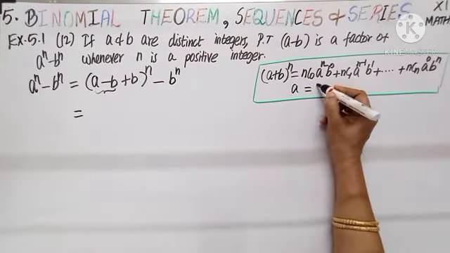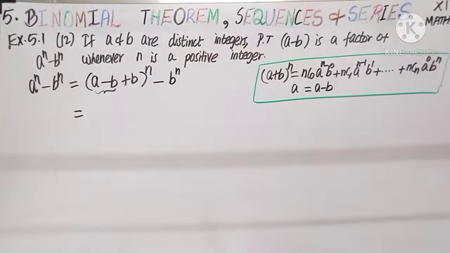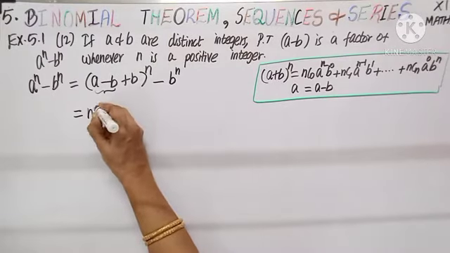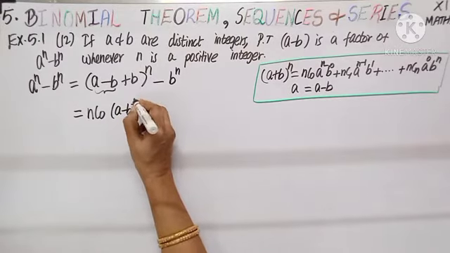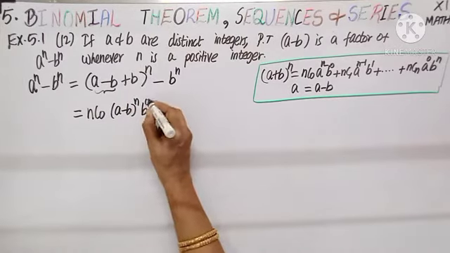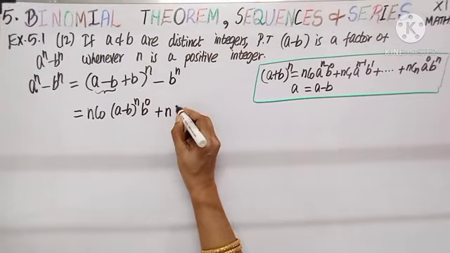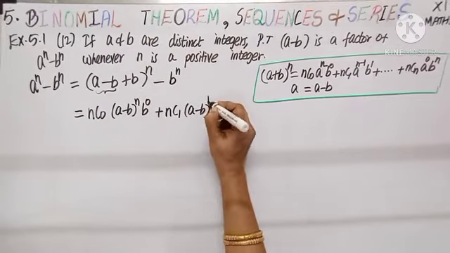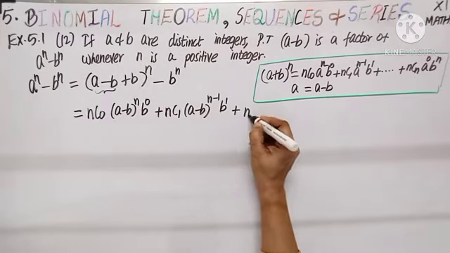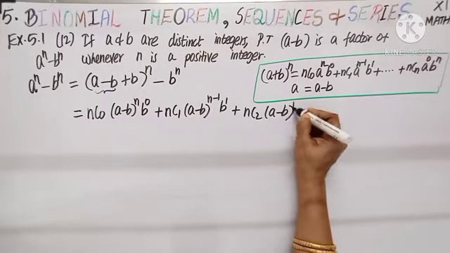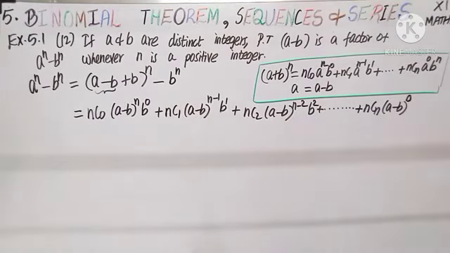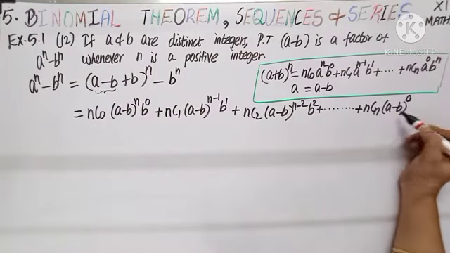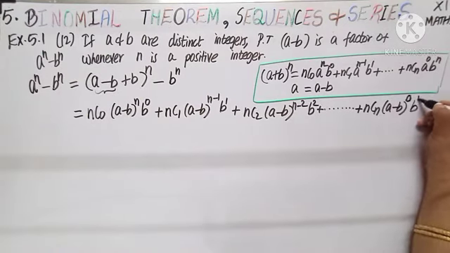So instead of a, I am going to put a minus b. In the same expansion, let me start: nC0 (a minus b) power n b power 0, plus nC1 (a minus b) power n minus 1 b power 1, nC2 (a minus b) power n minus 2 b power 2. What is the last term? nCn (a minus b) power 0 b power n.